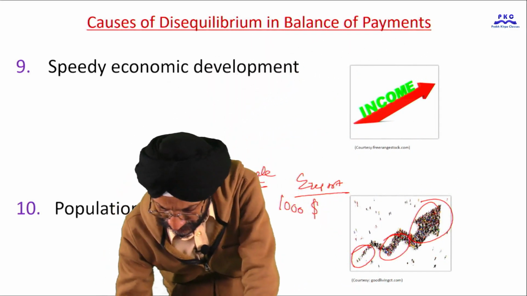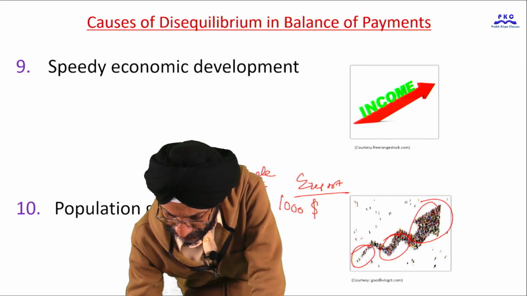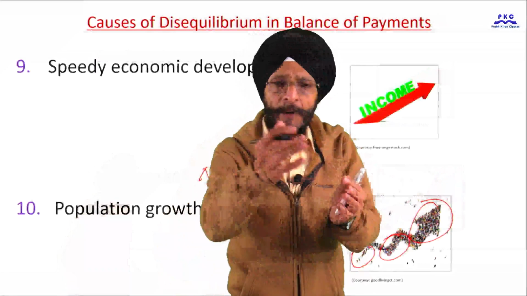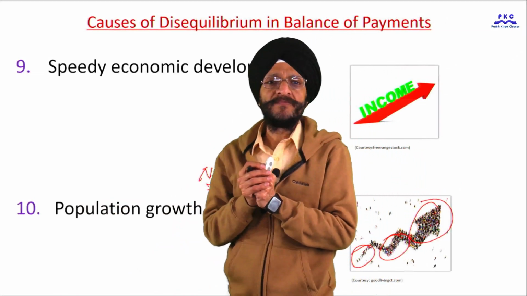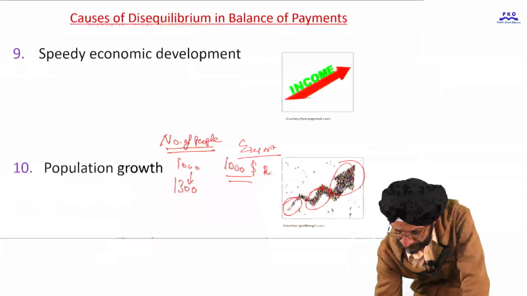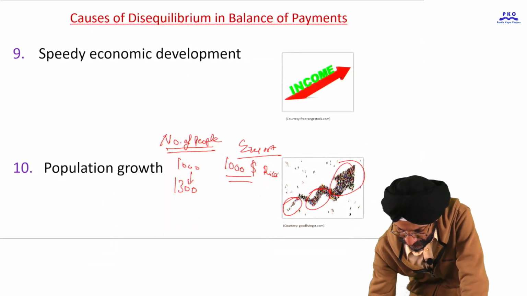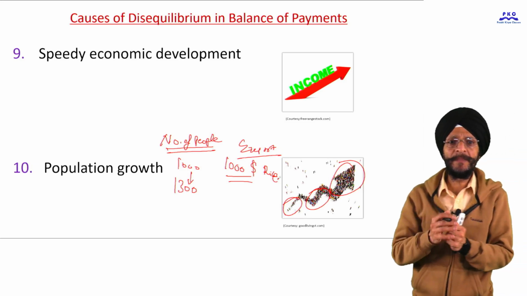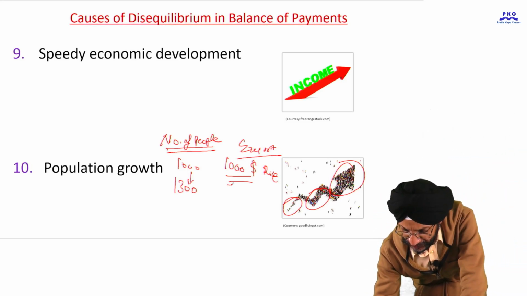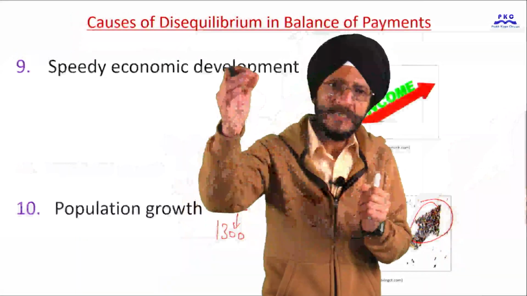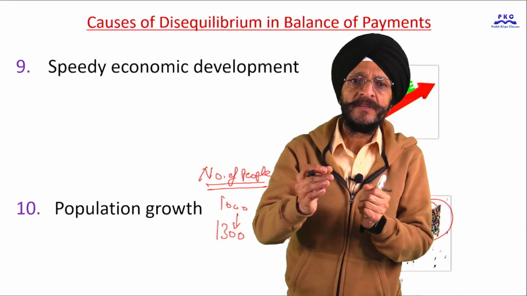Suppose the population of the country increases. Suppose it is exporting, say, rice to the rest of the world. When the population has increased, it may be quite possible that it is only in a position to export rice worth $700. So export has decreased.